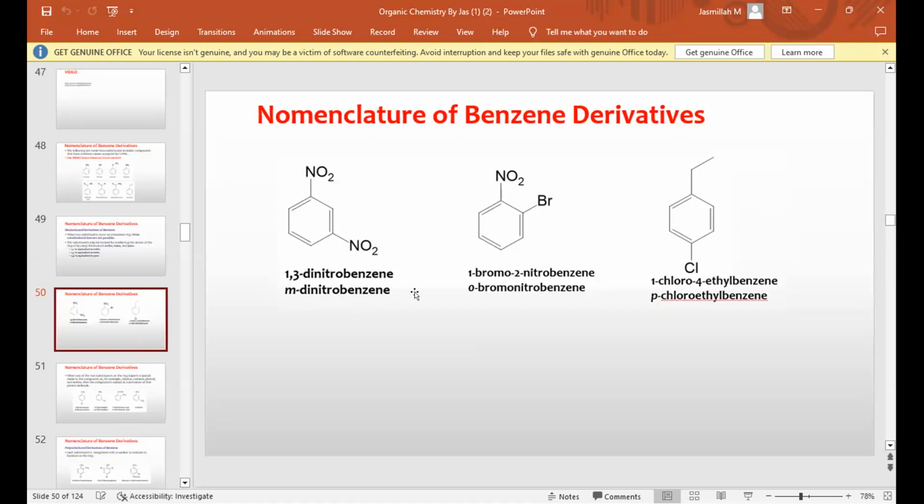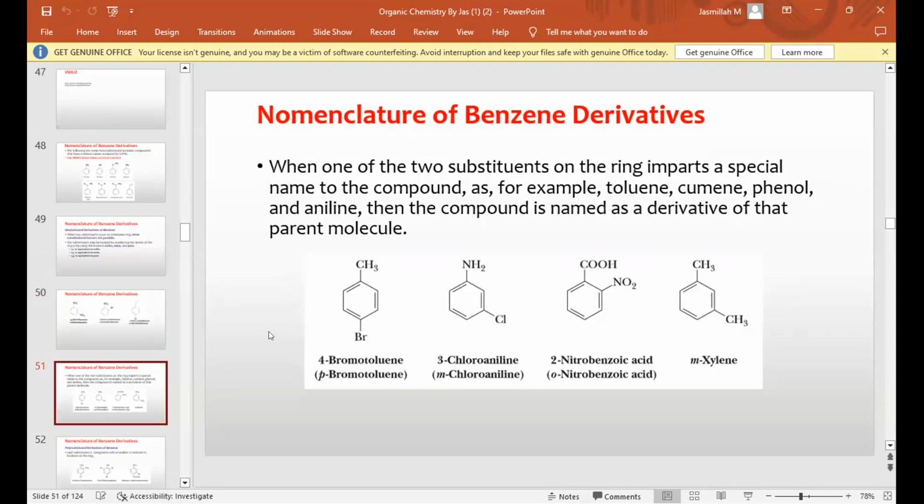Also, when the position is ortho, we can go for 1-bromo-2-nitrobenzene, or we can say o-bromonitrobenzene, where bromo is like the location we see, it's in the ortho position, and similarly to this structure over here.